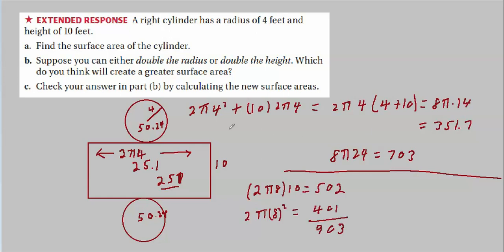And if we do the math, it turns out just like what we expected. We double this, our new surface area goes up to 703 from 351.7. But if we double the radius, we're up to 903, which is definitely bigger than 703. So, just like we thought, it's the radius that we want to double. And part C, well, okay, I guess we just did that, didn't we?